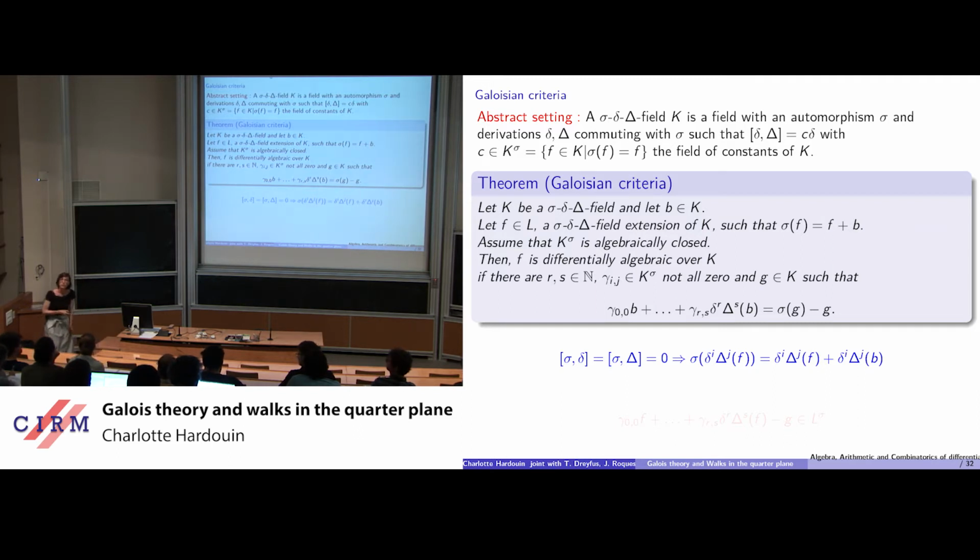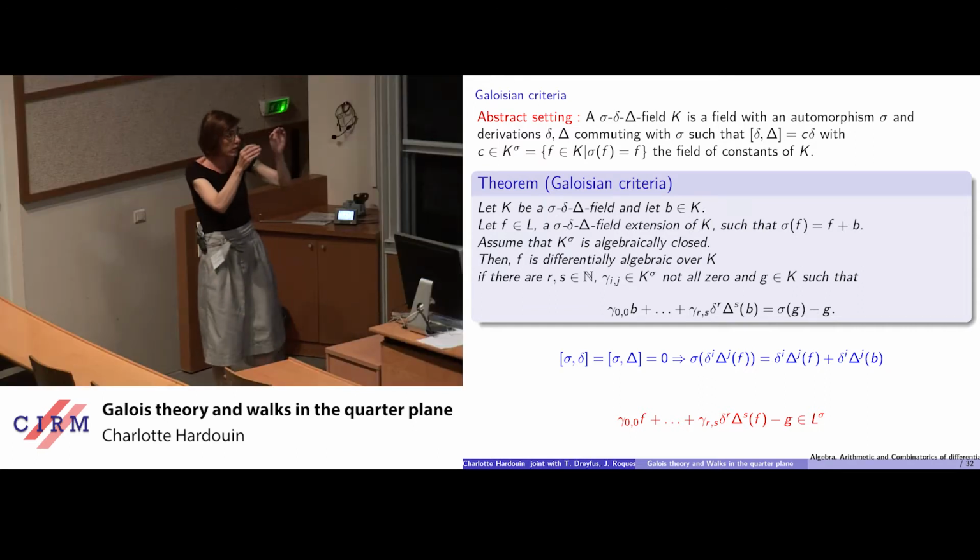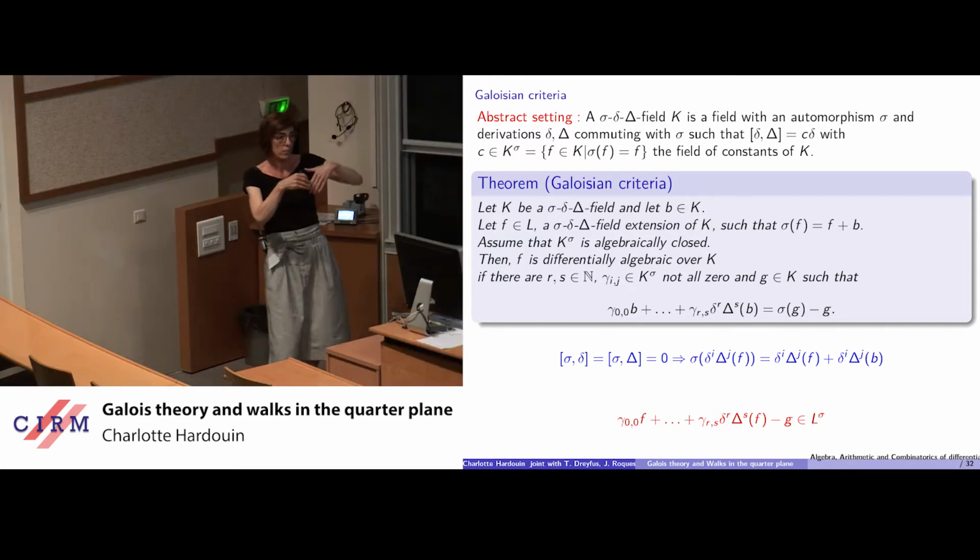So this is just the if. So I come to the only if. So the only if is as follows. If you get such a relation, then when you plug in f, it means that this must be a constant of your field of solution. It's exactly what happens for the Q logarithm. So the Q logarithm is a meromorphic function on C star.